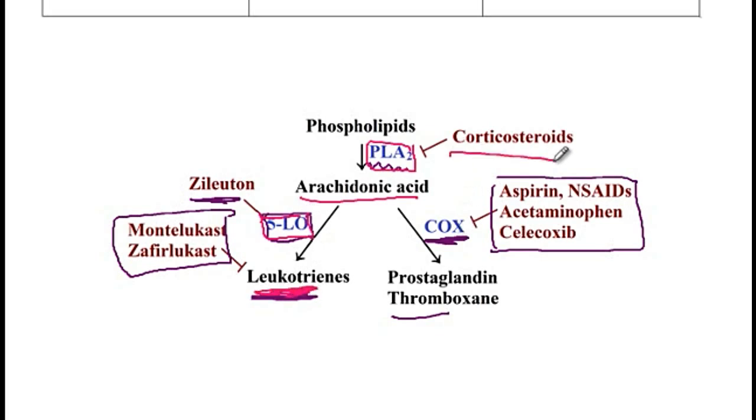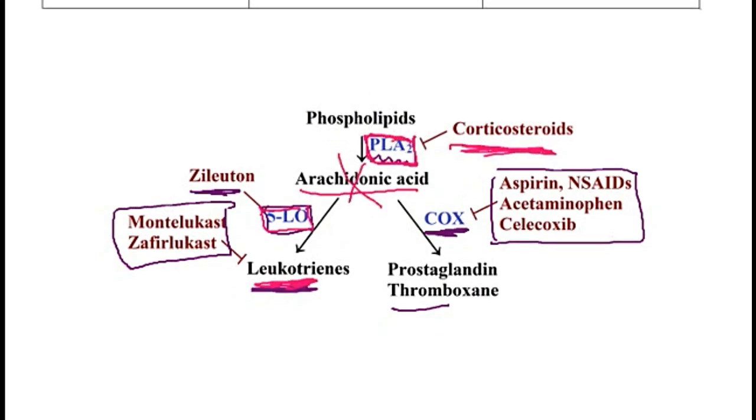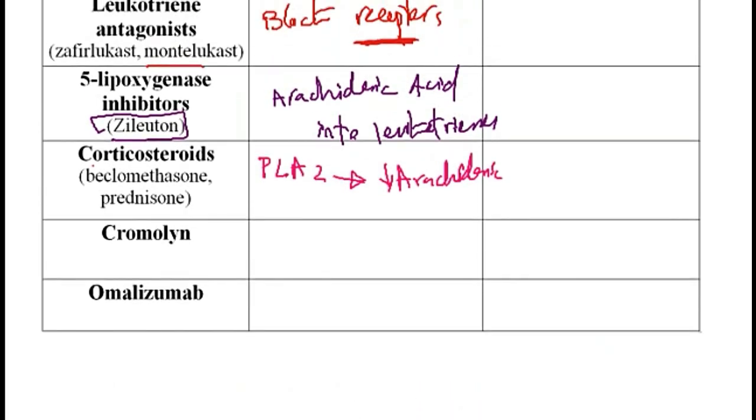So corticosteroids will block the phospholipase A2, and thus phospholipids can no longer be converted to arachidonic acid. And then you should also know that corticosteroids are the first-line treatment for the long-term control of asthma. You should also be aware of the side effects of corticosteroids, which include, for instance, hypertension, hyperglycemia, as well as the osteoporosis.